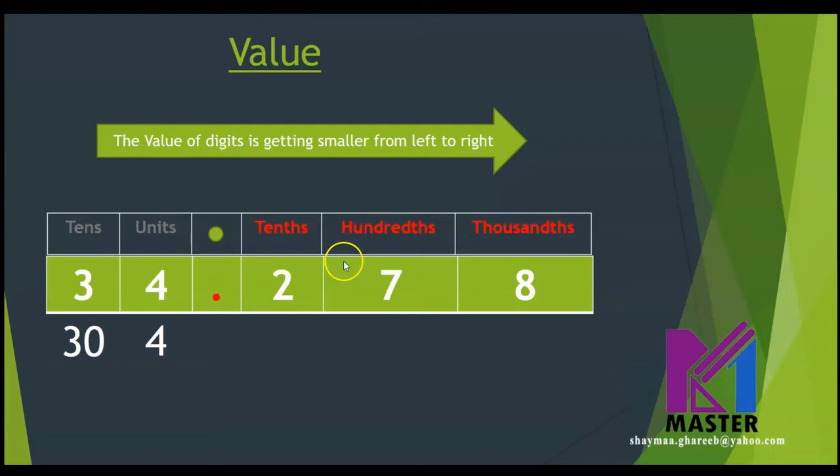Then we will start the decimal part of the number. So 2 tenths, which means 2 over 10 or 2 divided by 10 or 2 in the tenths place, which is the first place after the decimal point. So we write its value as 0.2.